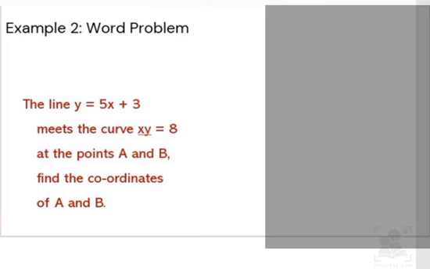So from what we have in this question, they have made use of graphs to express these two equations, and the two graphs are meeting at the points A and B. So we are to find the coordinates of A and B using calculation. We are going to be using calculation, which is the use of the substitution method.